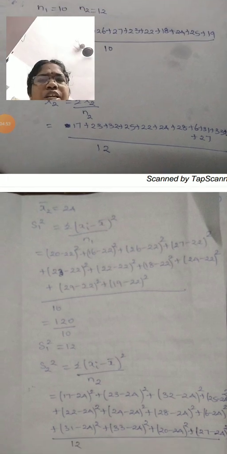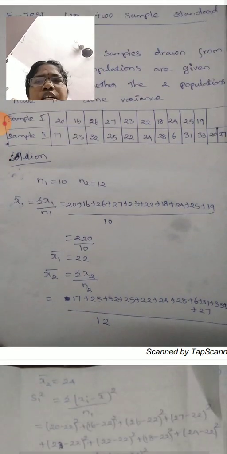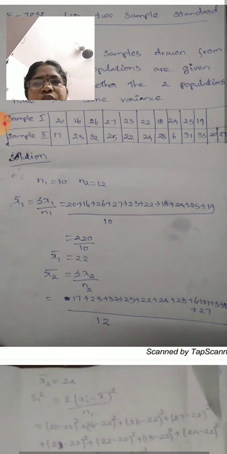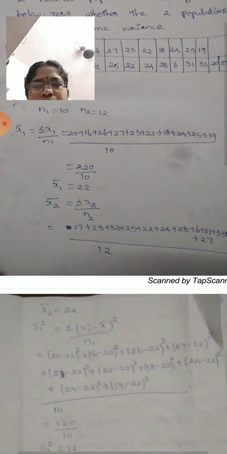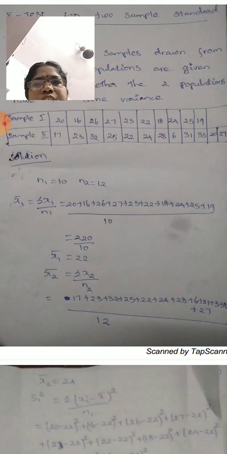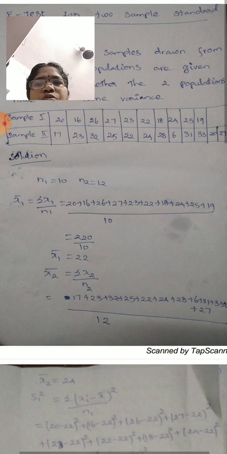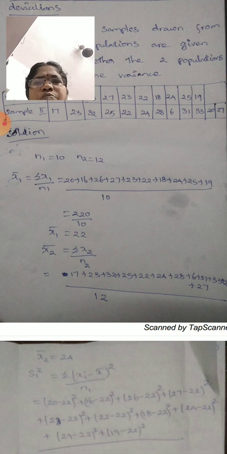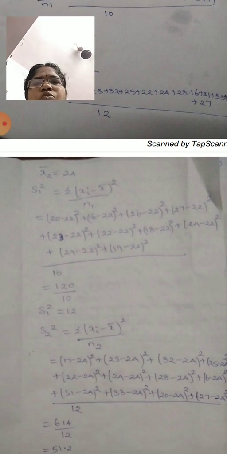Here xi minus x1 bar: 20 minus 22, plus 16 minus 22, plus 26 minus 22, plus 27 minus 22, plus 23 minus 22, plus 22 minus 22 whole squared, plus 18 minus 22 whole squared, plus 24 minus 22 whole squared, plus 25 minus 22 whole squared, plus 19 minus 22 whole squared, divided by n1, which is 10.